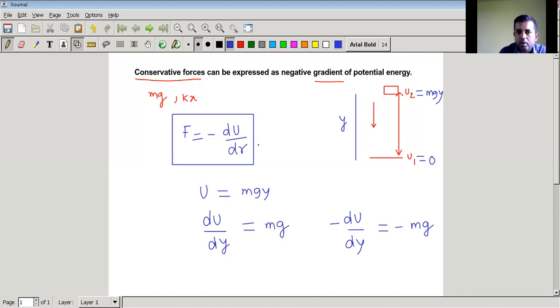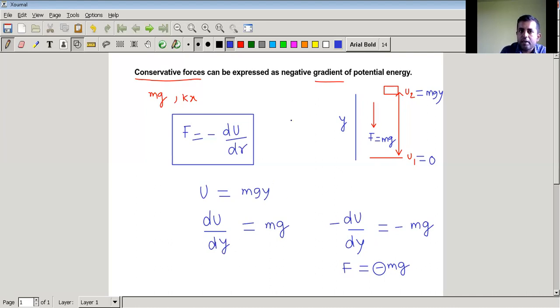According to this, this is the force, and this force is minus mg. The minus sign just means that the force, which is mg, points in the direction of decrease of potential energy. That's why this negative sign comes.